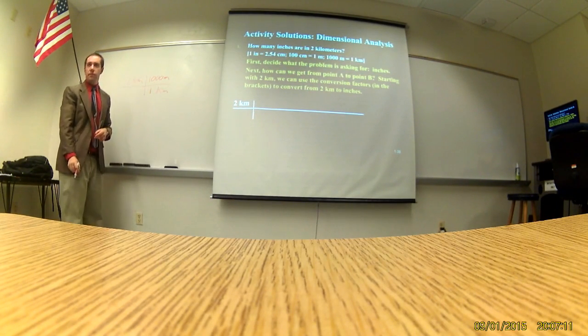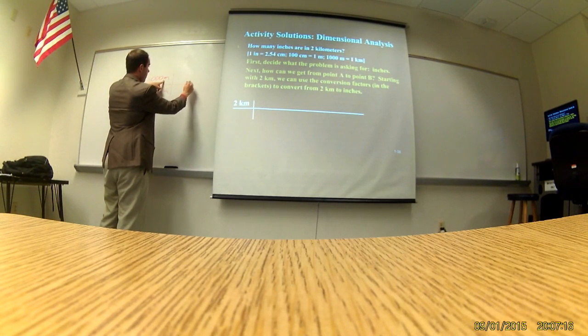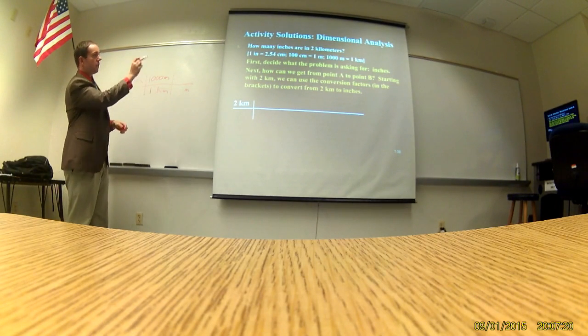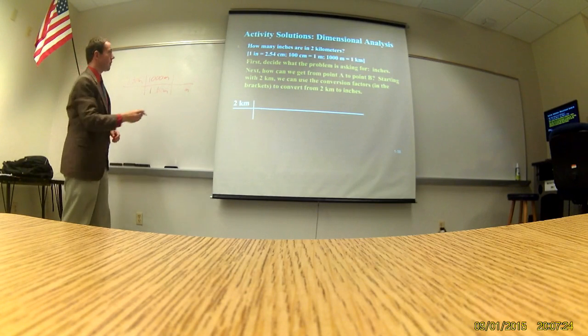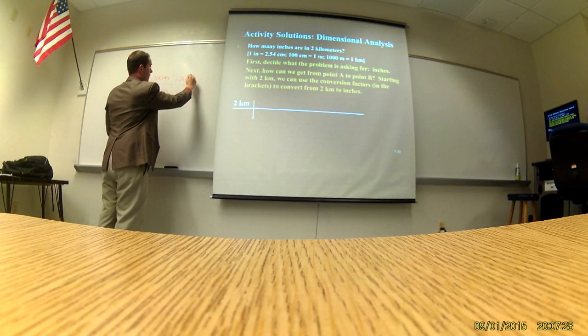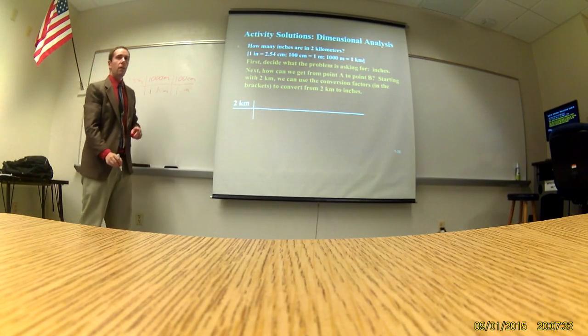Our kilometers cancel. This unit immediately comes down here because we have to cancel it. So what conversion factor do we have that has meters in it? 1 meter equals 100 centimeters. Meters cancel. Now we're at centimeters.